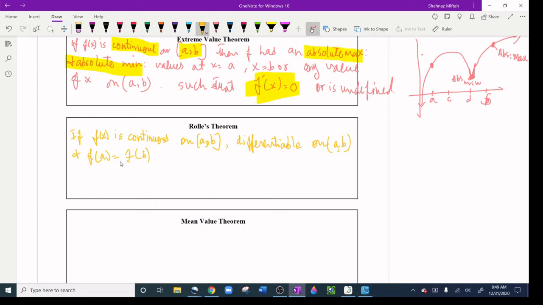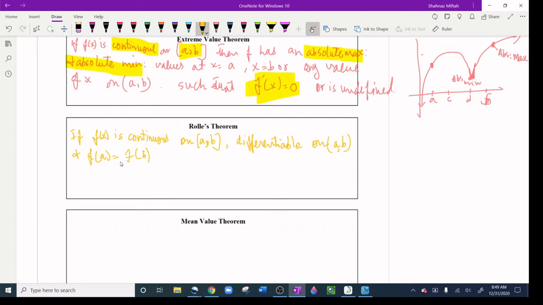Let's try the mean value theorem. Mean value theorem says if f of x is continuous on AB, and differentiable, that's the second condition, on AB, open intervals, then there is at least one value of C on AB such that, the wording for all the theorems are the same, f prime C, and this is mean value theorem, so we have to memorize the formula for this.